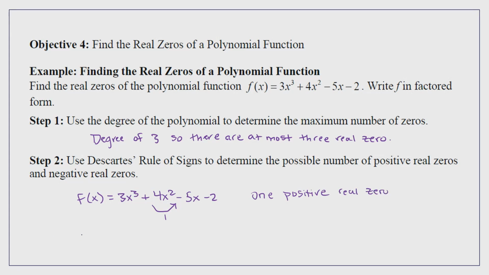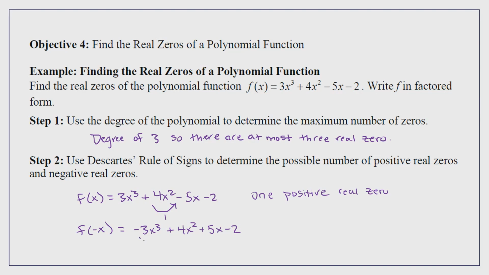Then for the negatives, we are going to change the sign of all the terms that have an odd power. So that would be the first term because it has a power of 3. And that would be the third term because it has a power of 1. Okay. So now we want to identify any sign changes.